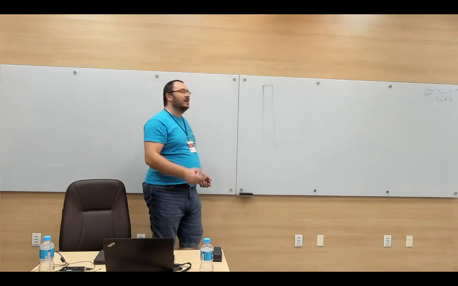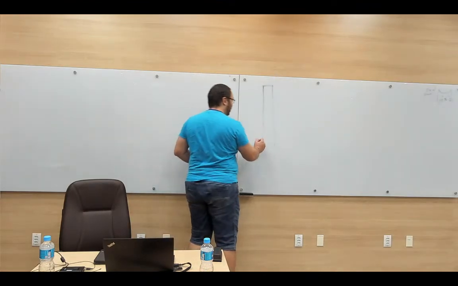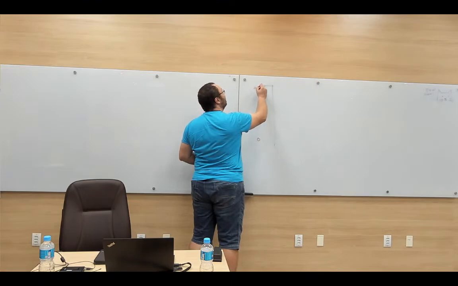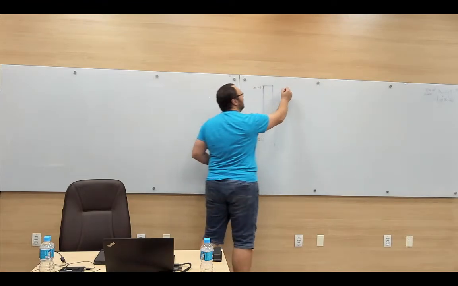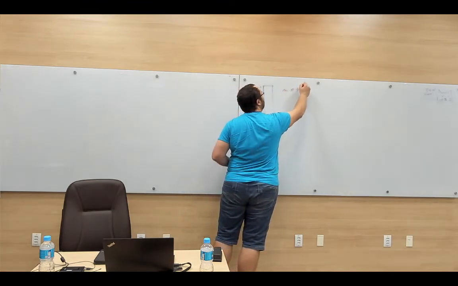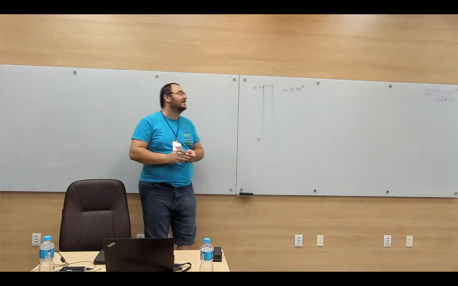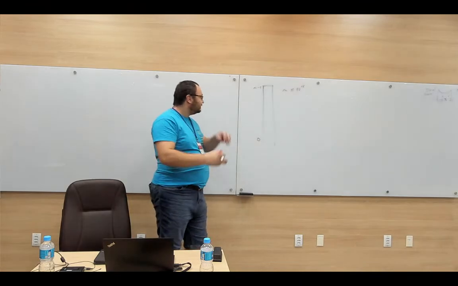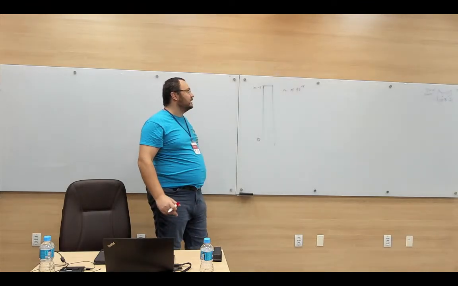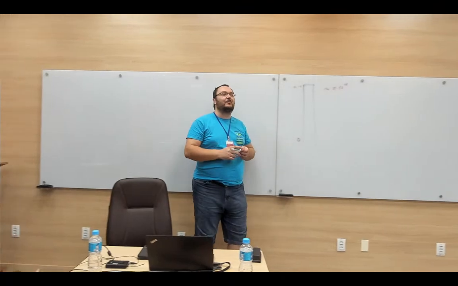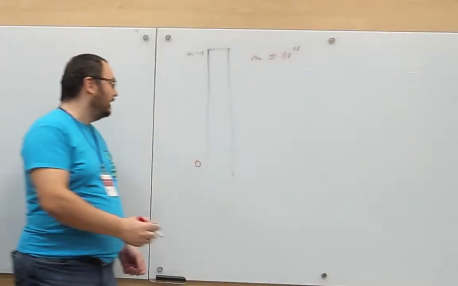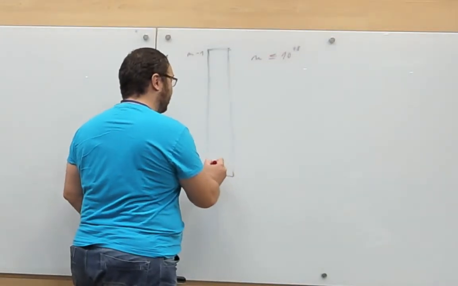So we have, as I said, a very tall skyscraper. The floors are numbered from 0 on the bottom to n-1 on the top, and n can be up to 10 to the 18, as usual, so that it fits into a 64-bit signed integer. And we have in this building a very impractical elevator. The elevator starts at the bottom floor.